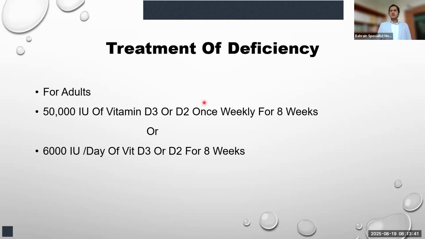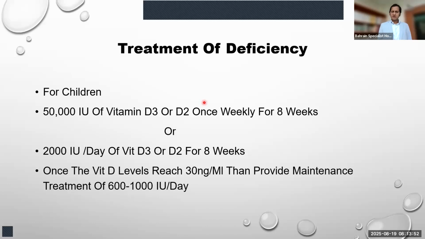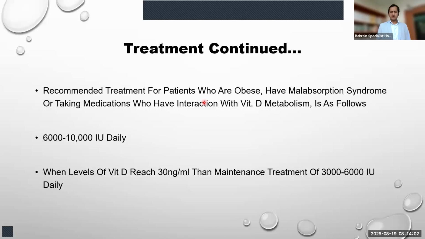Because if we take daily doses, some of the vitamin D is not absorbed, which leads to lesser vitamin D in the body. For children, it is also the same, 50,000 weekly for 8 weeks, and after that we can go on to the daily recommended allowance, which will maintain sufficient vitamin D.